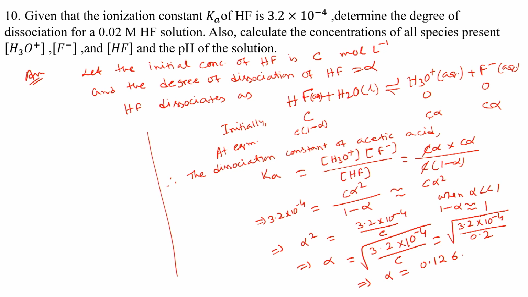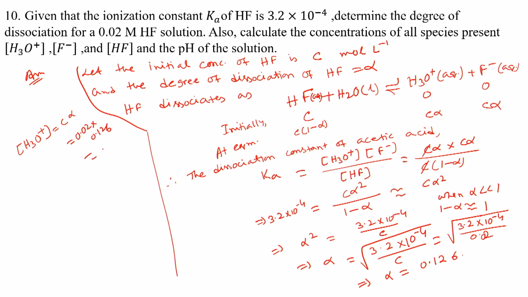Now once we get alpha, we know the concentration of H3O plus, because concentration of H3O plus is C times alpha. So C is 0.02, not 0.2, and alpha is 0.126.